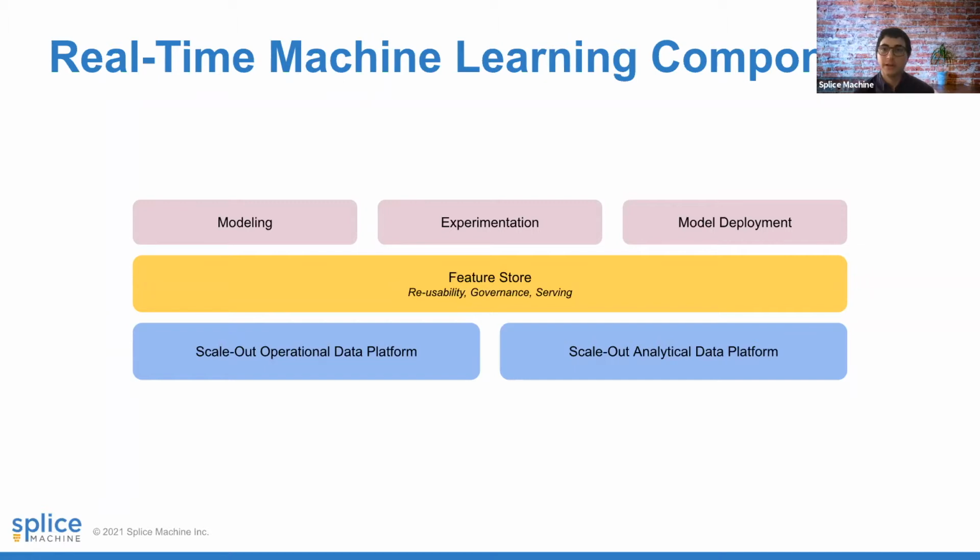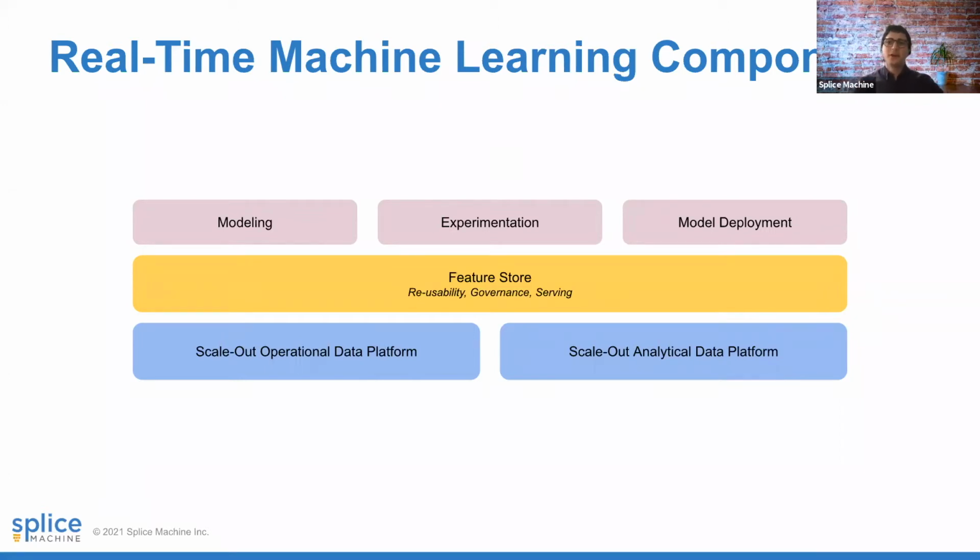Then there's model deployment. This is traditionally done in a REST endpoint, increasingly done inside of the database, which we'll talk about a little later. One thing you'll notice at all companies that do real-time machine learning successfully is they have this idea called a feature store. A feature store is something I'll get into in more detail later, but just know that if you look at the companies that are doing real-time machine learning, all of them have something that looks like a feature store.